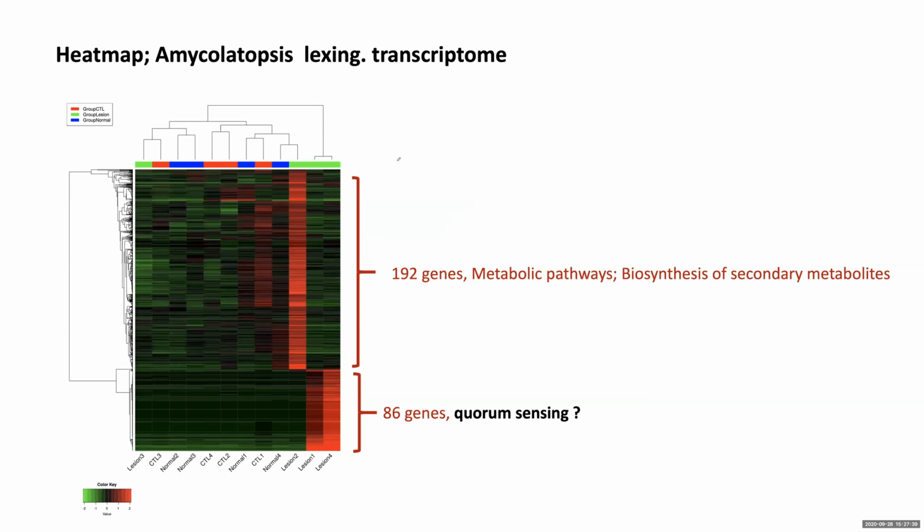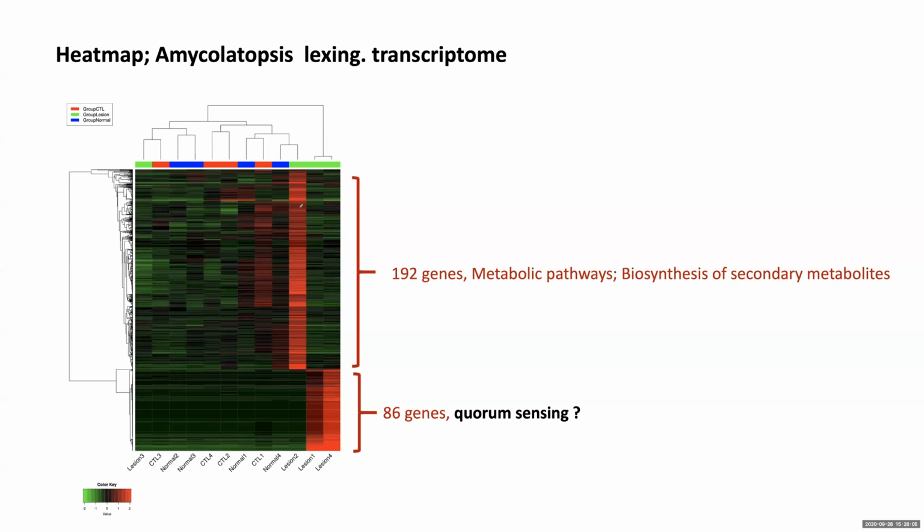But still, we wanted to see if we could see something out of those. So what I did was map the unmapped reads to the Amycolatopsis reference genome, and this is the gene expression of Amycolatopsis from the data set that we have. Again, you can see that lesions 1 and 4 had one pattern of gene expression of Amycolatopsis, and lesion 2 had another pattern.